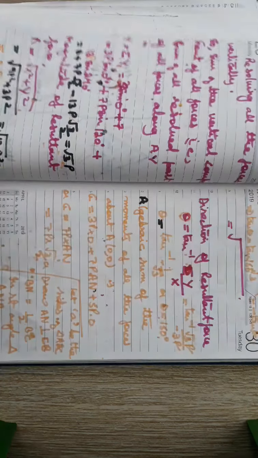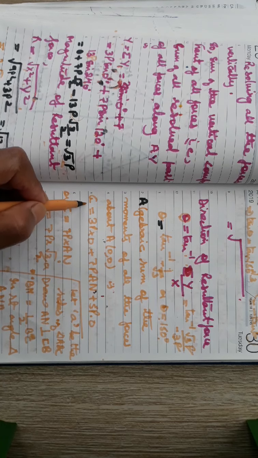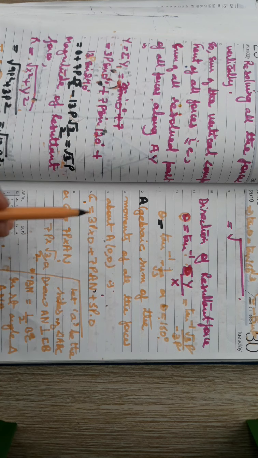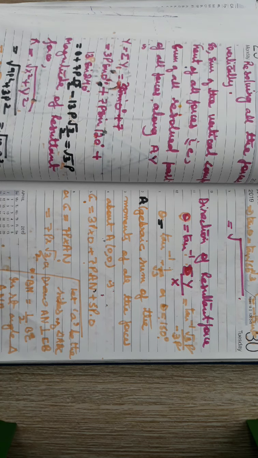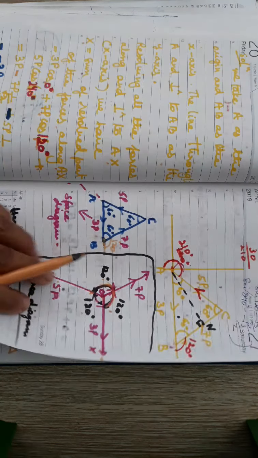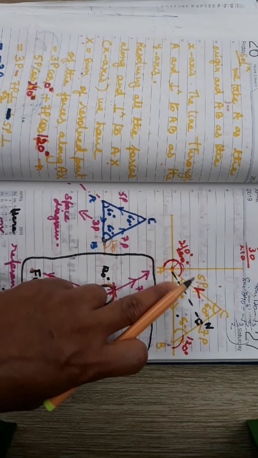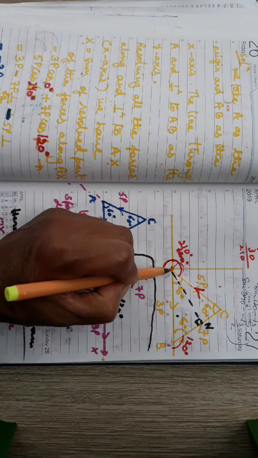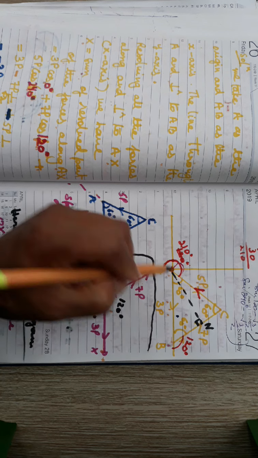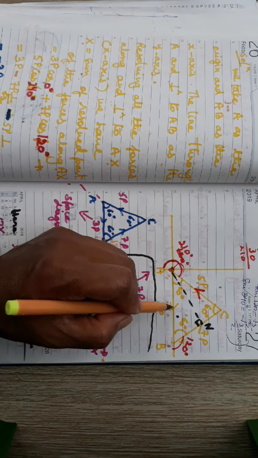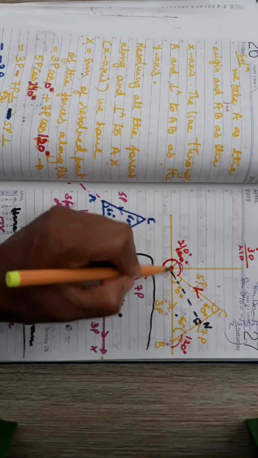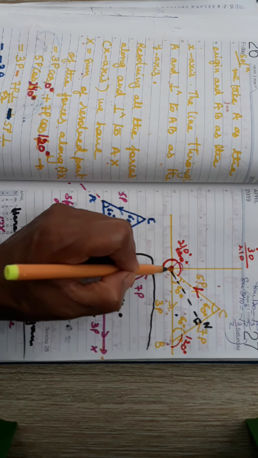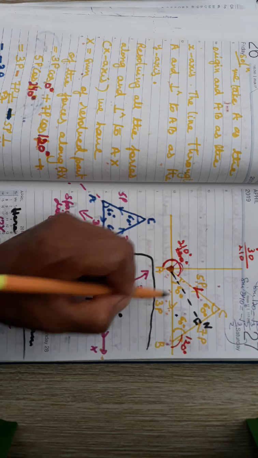Next, we have to find the algebraic sum of the moments. We have to find out G in order to find the equation of the line of action of the resultant. As you can see in the figure here, these two forces 5p and 3p, if you take the moments of the forces about this point A, we consider A as the origin, and since these two forces are passing through this point A, their moment about this point A will be equal to 0.